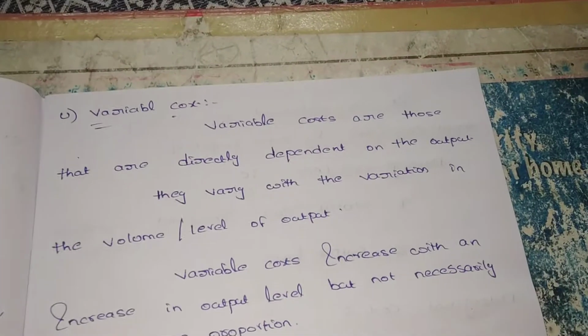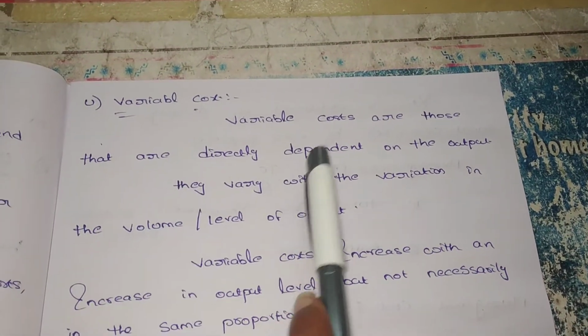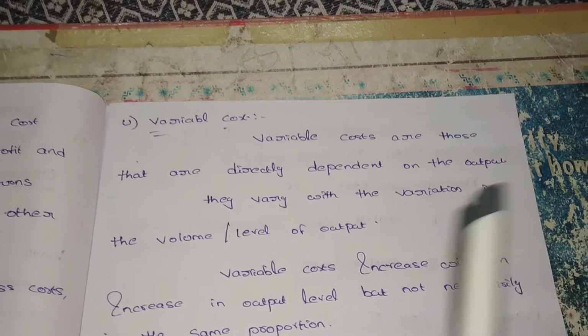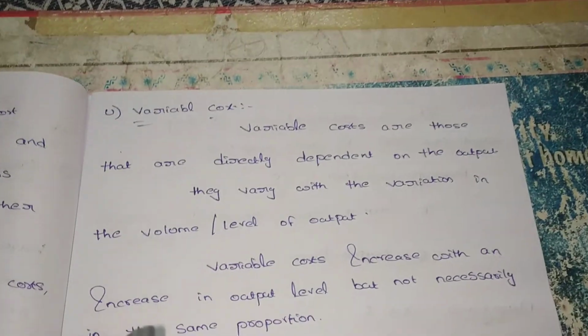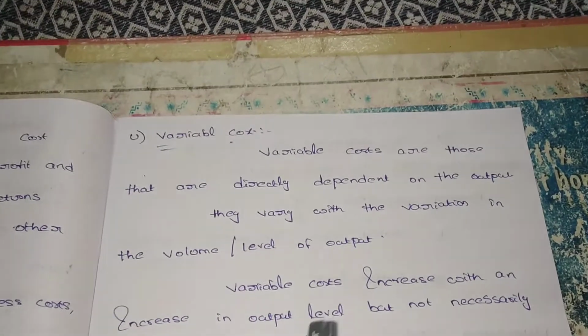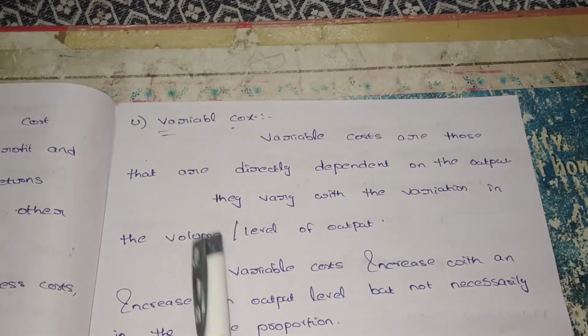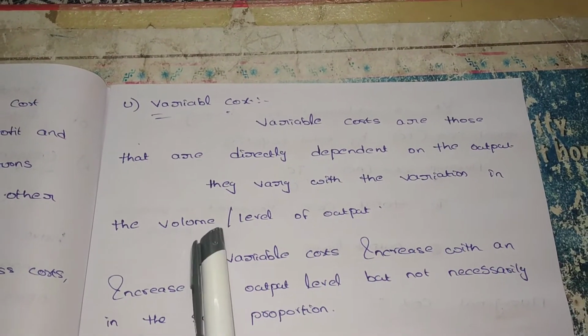Next, variable cost. Variable costs are those that are directly dependent on the output. If there is any change in inputs, the variable costs also change. They vary with the variation in the volume or level of output.